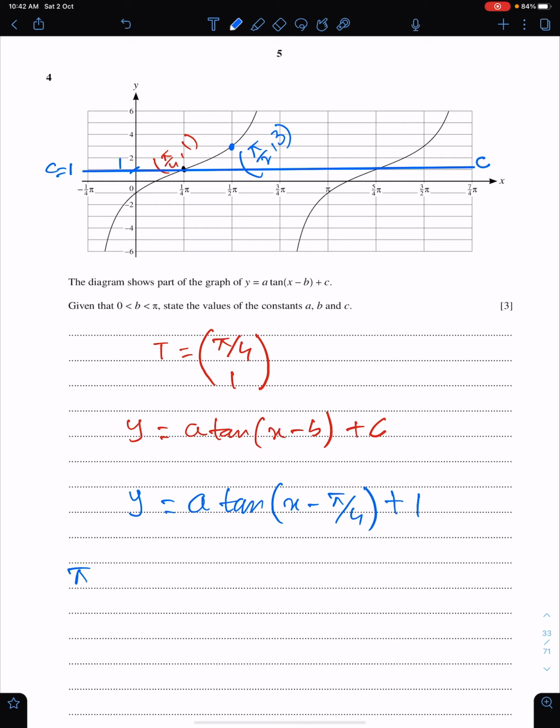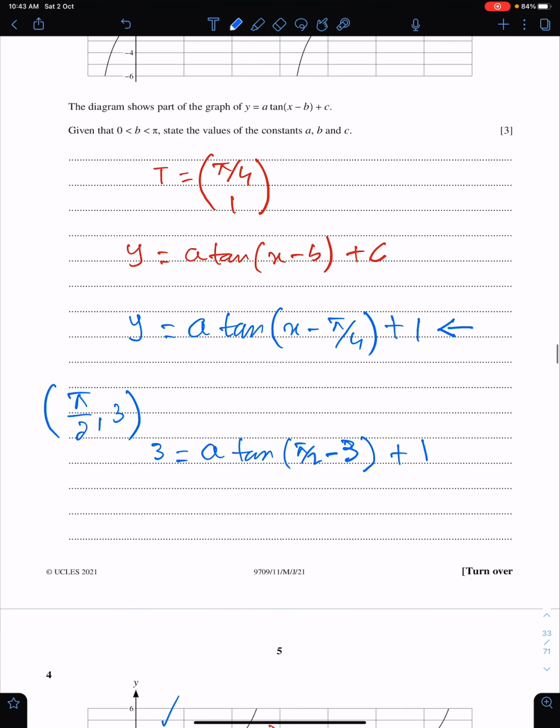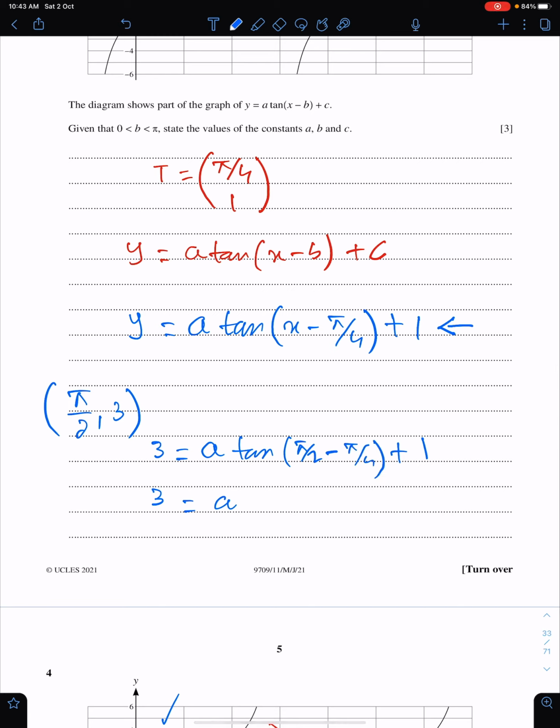So by substituting pi by 2 comma 3 into this equation, we have 3 equals a tan of pi by 2 minus pi by 4, plus 1.